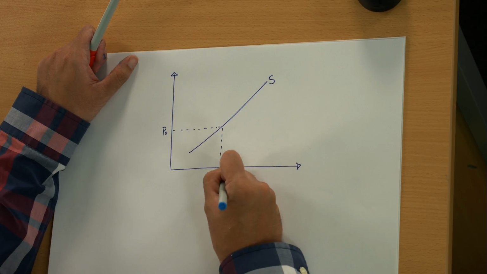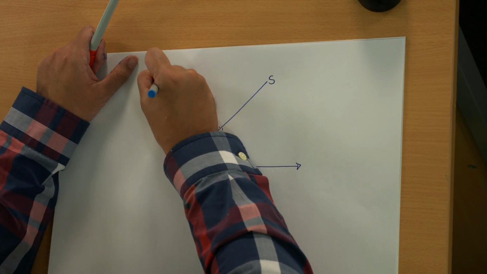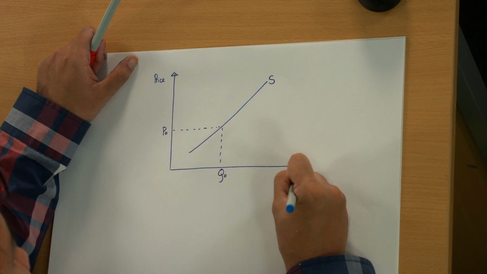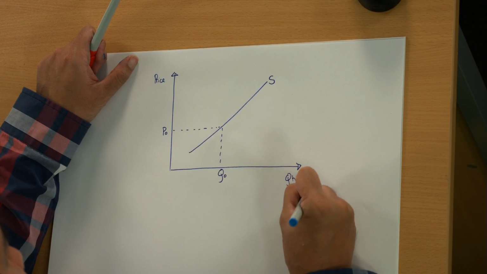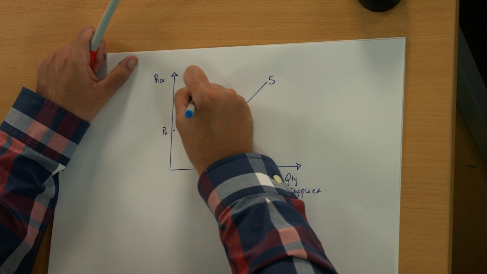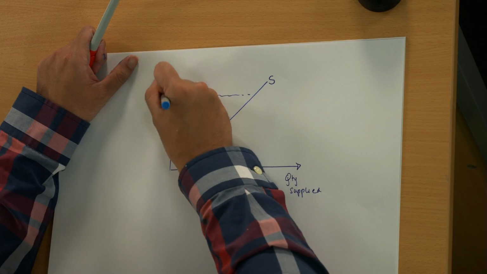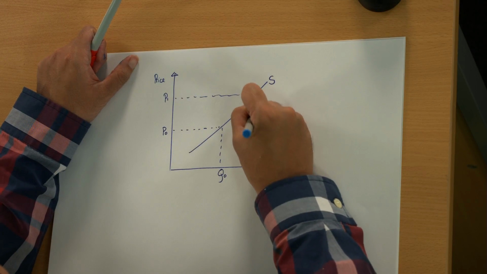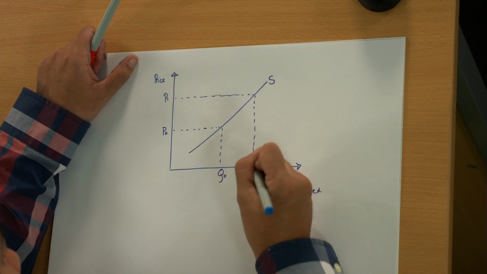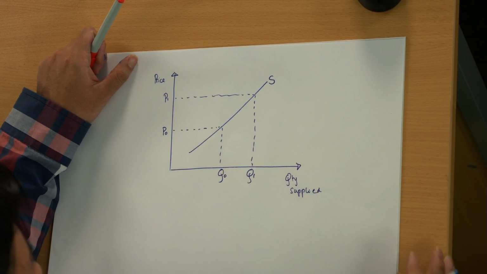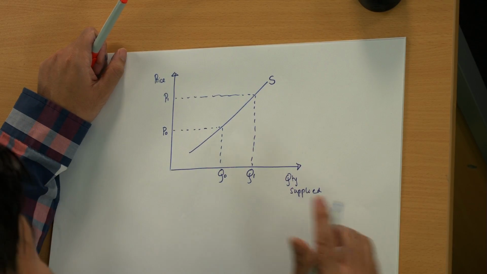P, Q. If the price goes up to P1, quantity supplied will go up to Q1.